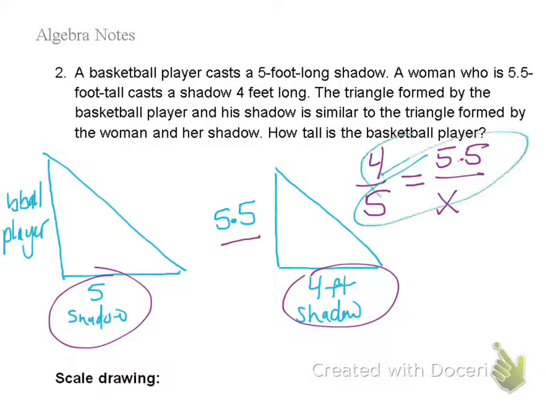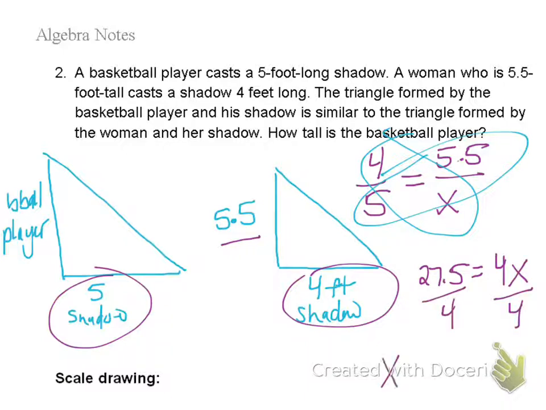So we would cross multiply. 5.5 times 5 is 27.5, and that will be equal to 4 times x. Then we divide by 4, and x equals 6.875 feet. So that's how tall our basketball player is.